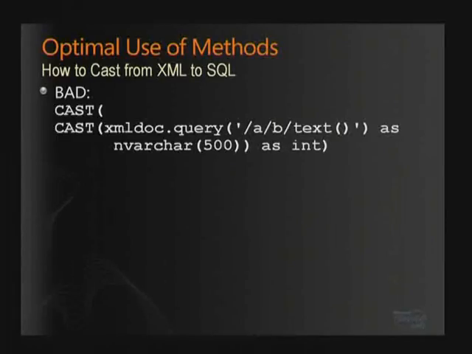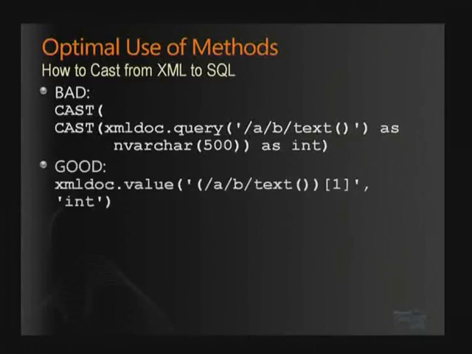And what they do is write something like this: a cast of a query method that extracts some value out of the XML. That value gets cast to a string, and then I cast it to an integer. This is bad. That's why we have the value method. And that is going to perform much faster.